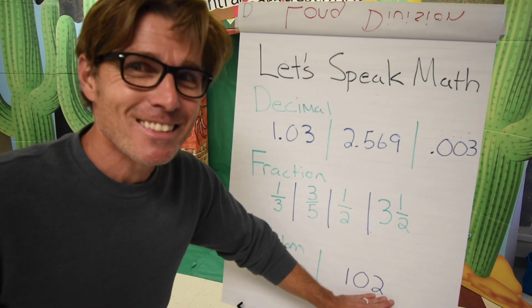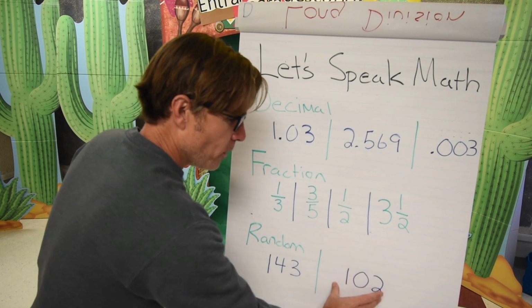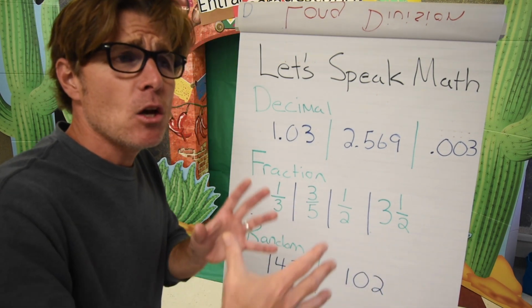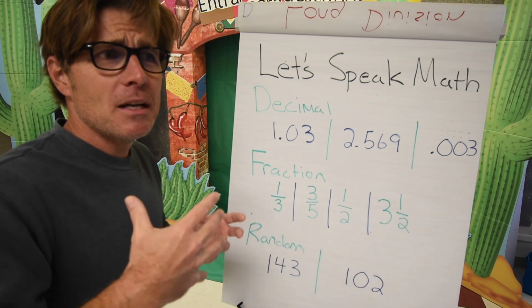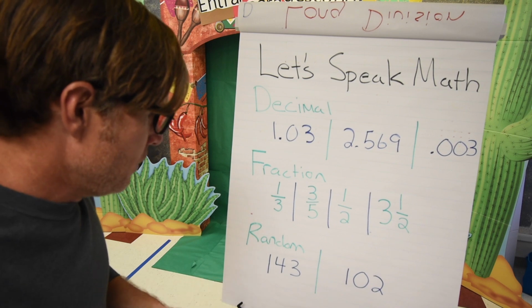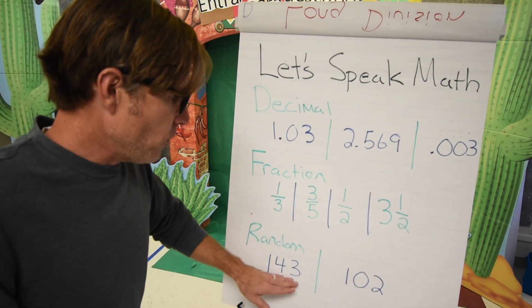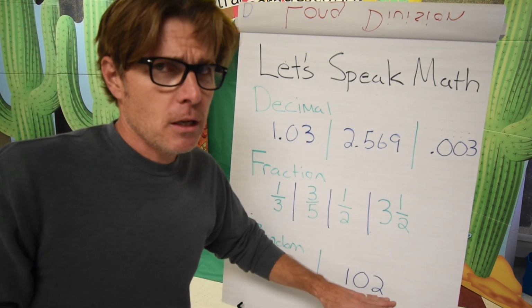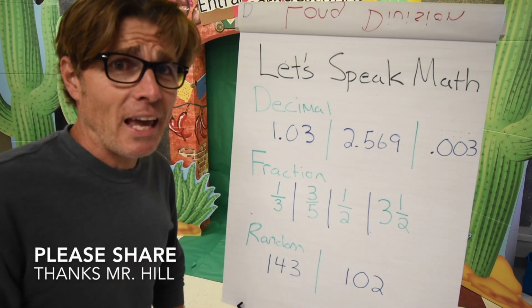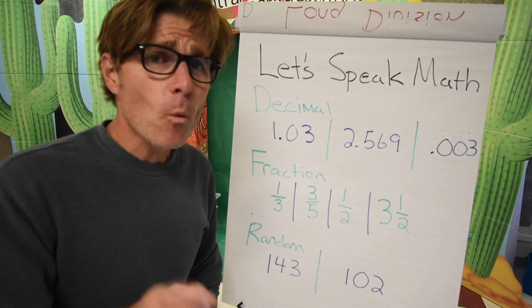That's 102. Wholes with no parts or pieces, therefore "and" should not be placed into the calling of that number. 143, 102. Hopefully this clears up any misconception of when to use "and" and when not to use "and" when speaking math.